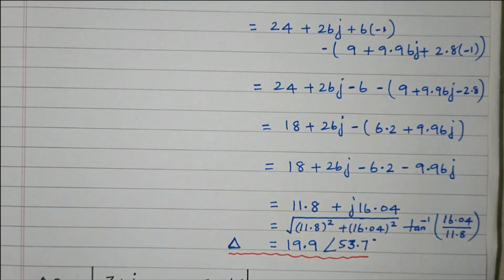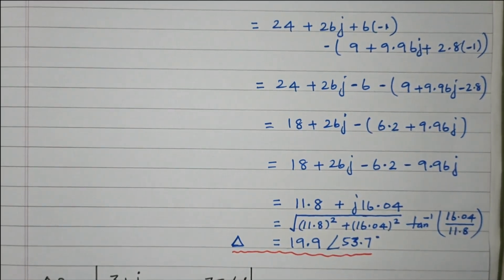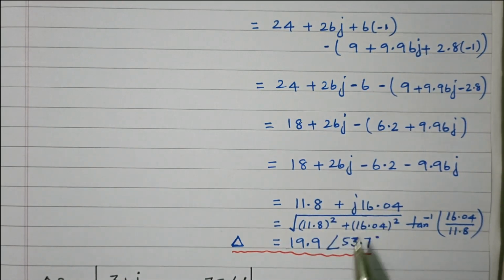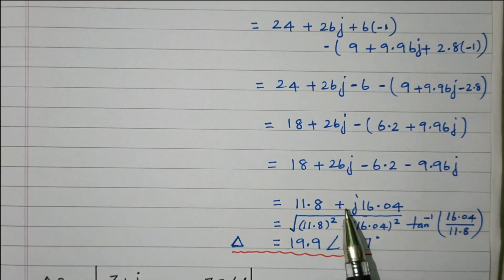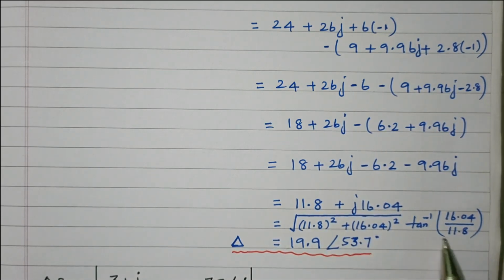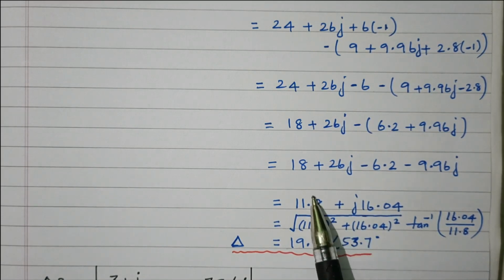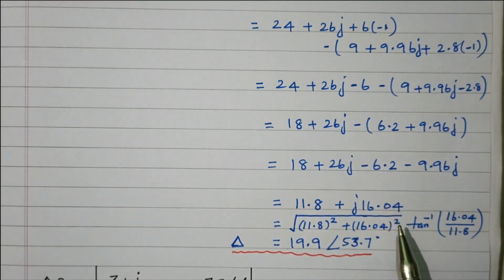What we need is the polar form, so that we can easily divide. For division and multiplication we need polar form. For addition and subtraction, the rectangular form is enough. So we need to convert into polar form. That is magnitude and angle is the polar form. Real term and imaginary term is the rectangular form.